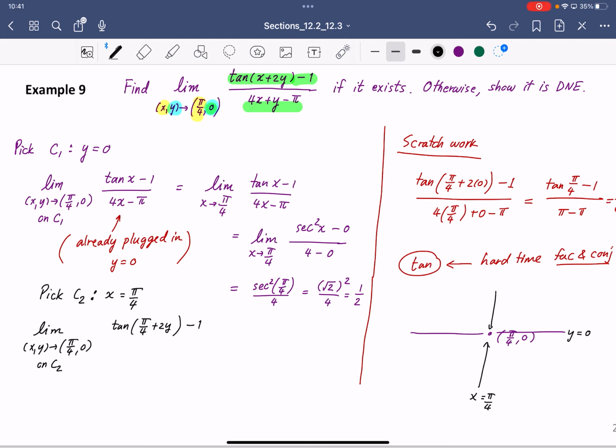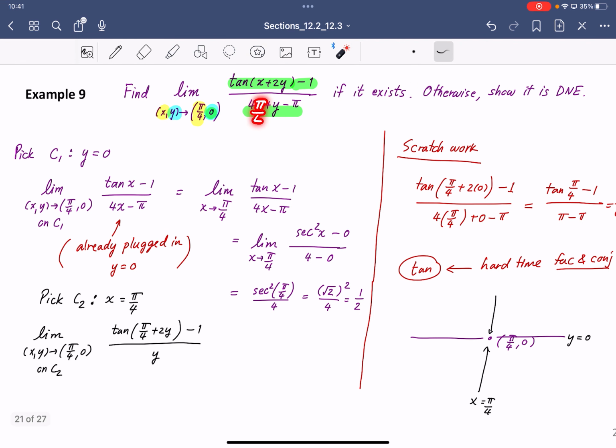minus 1. And then over, you plug in pi over 4. So you're going to get only y on the bottom, right? Because you plug in pi over 4 here, so it cancels, pi minus pi, and you get just y here.